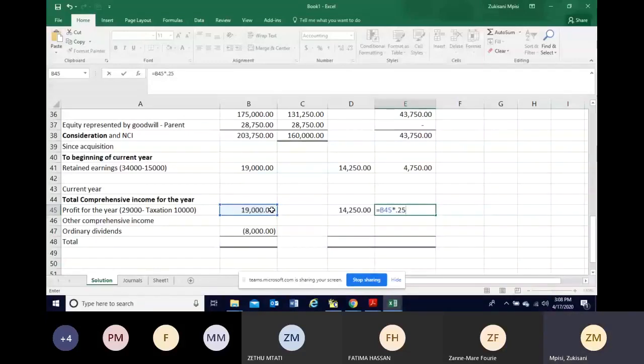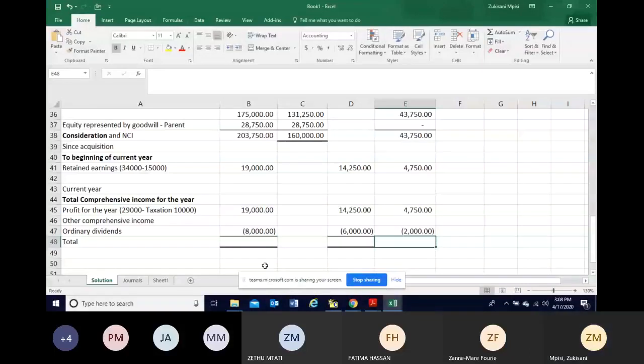At 25%. And similarly for the dividends paid, we also do a share, 8,000 multiplied by 25%, it is 2,000.